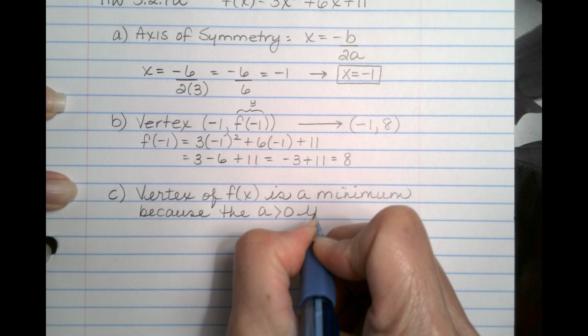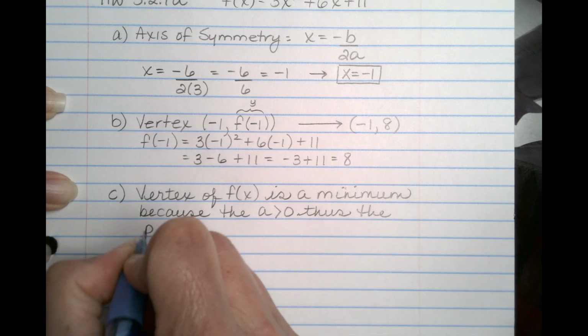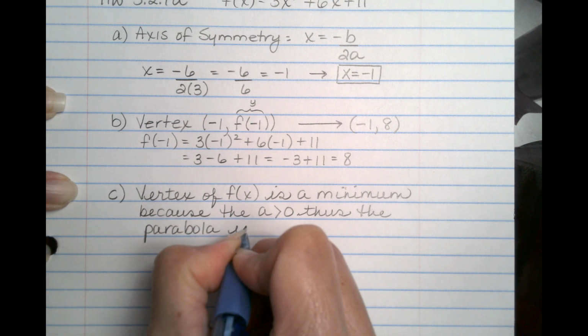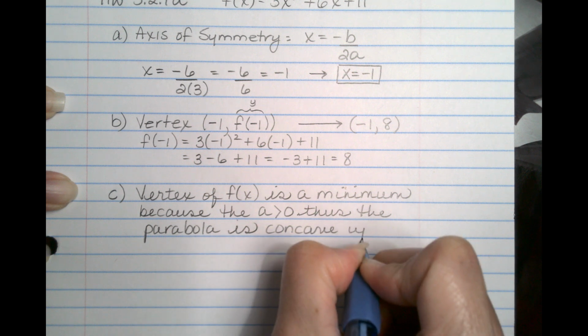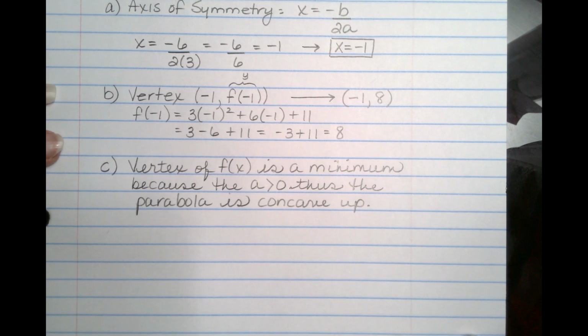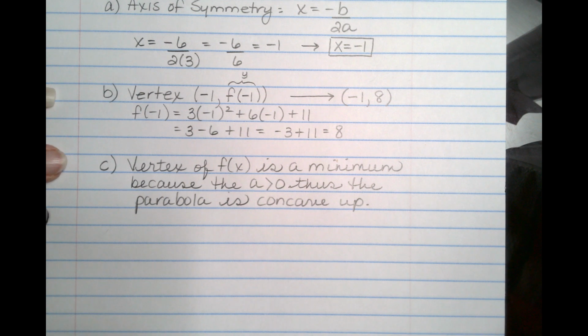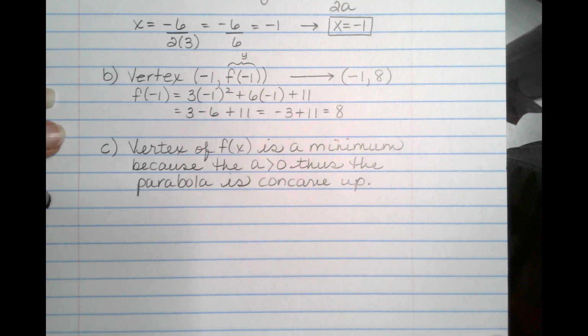Thus, the parabola is concave up. So the vertex of our graph is a minimum because the a is greater than 0, which automatically implies that the graph is concave up. And that explanation helps provide a visual to show that our vertex is a minimum.